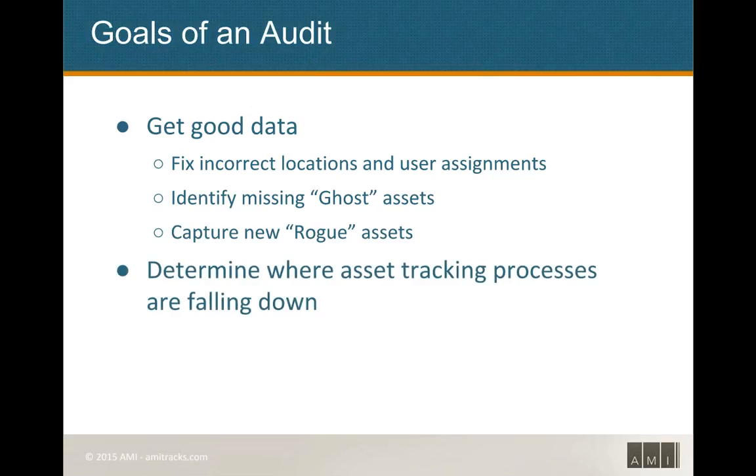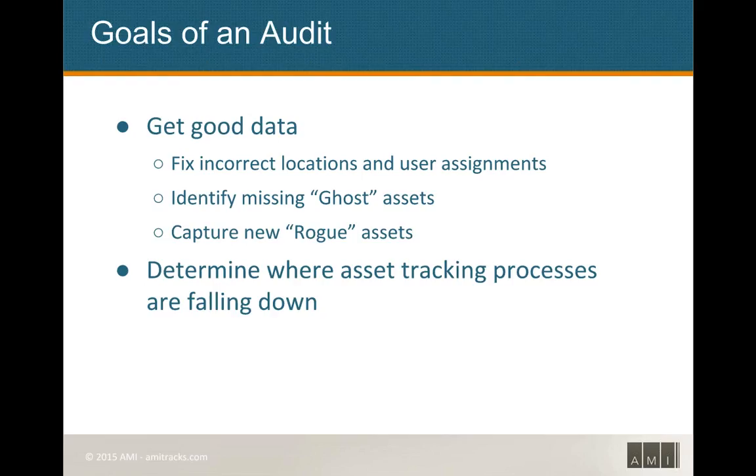And then we also, after we get our good data, we want to determine where our asset tracking processes are falling down. And what I mean is that we want to track some statistics about the location accuracy, or the accuracy of asset data on a location by location basis, so that we can understand which areas are performing well, which locations are performing poorly, so that you can focus your attention on those areas and improve that database accuracy over time.